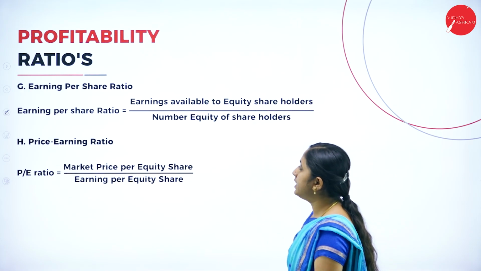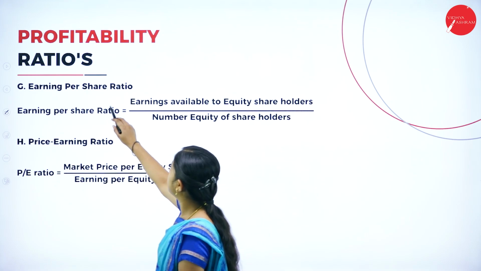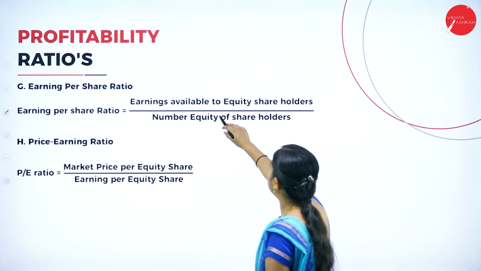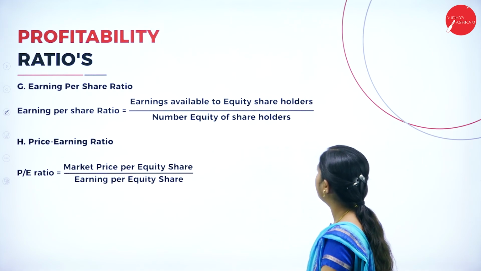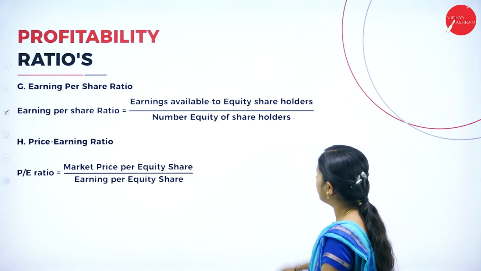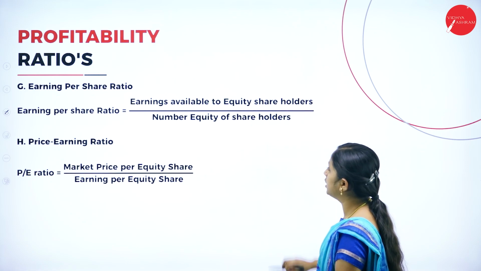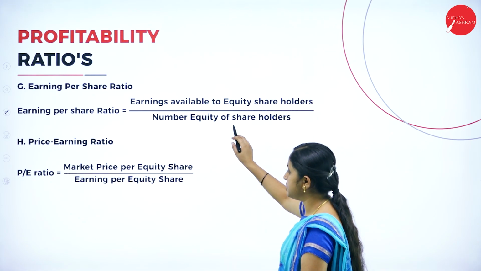Next, earning per share. Earning per share ratio is equal to earnings available to equity shareholders divided by number of equity shares.